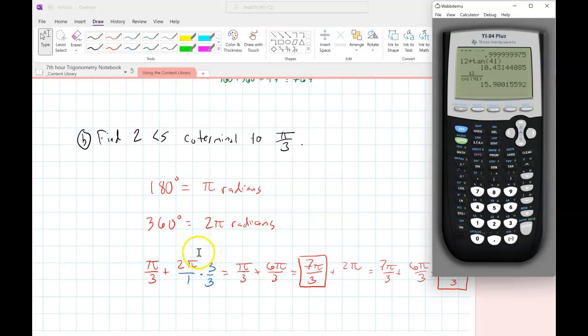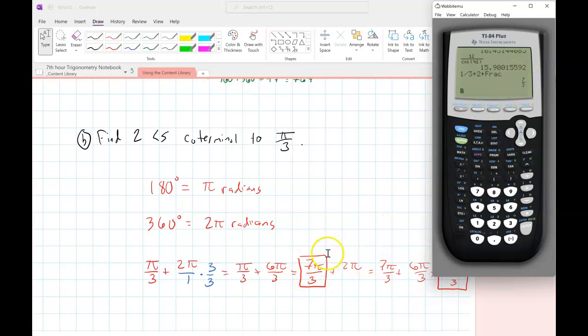However, what we can do is take this initial problem and strip the pi's off, do that in our calculator to get the fraction, and then tack the pi back on. What do I mean? If I do 1/3 instead of pi over 3, and I add 2 instead of 2 pi, and then I press the math and fraction command, that gives me 7/3.